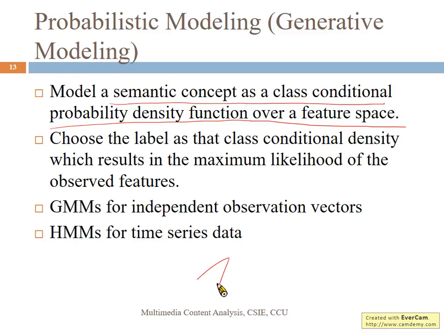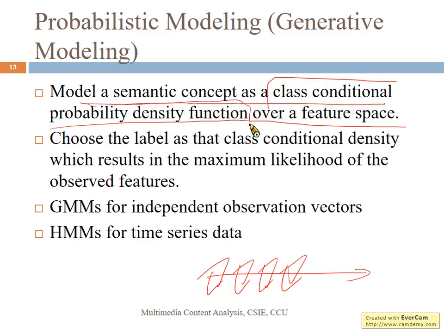For example, from video frames we can extract a lot of visual features, and given a sequence of visual features, we estimate the class conditional probability: the probability of event number one given such visual features, the probability of concept number two given the visual features.